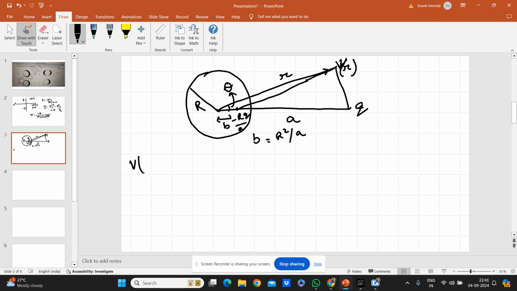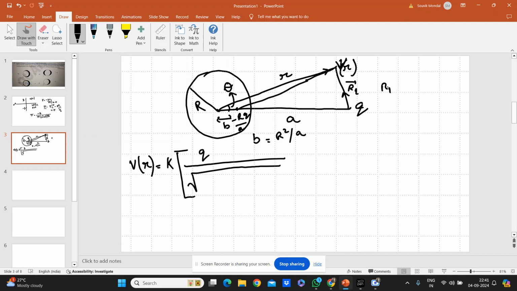So let's now write down the formula. V(r) is equal to K times, where K is equal to 1 by 4 pi epsilon naught. Now let's write the potential due to the charge q, divided by the distance, which we have to calculate. Now look at charge q. This distance is say r1. So what is your r1 vector?